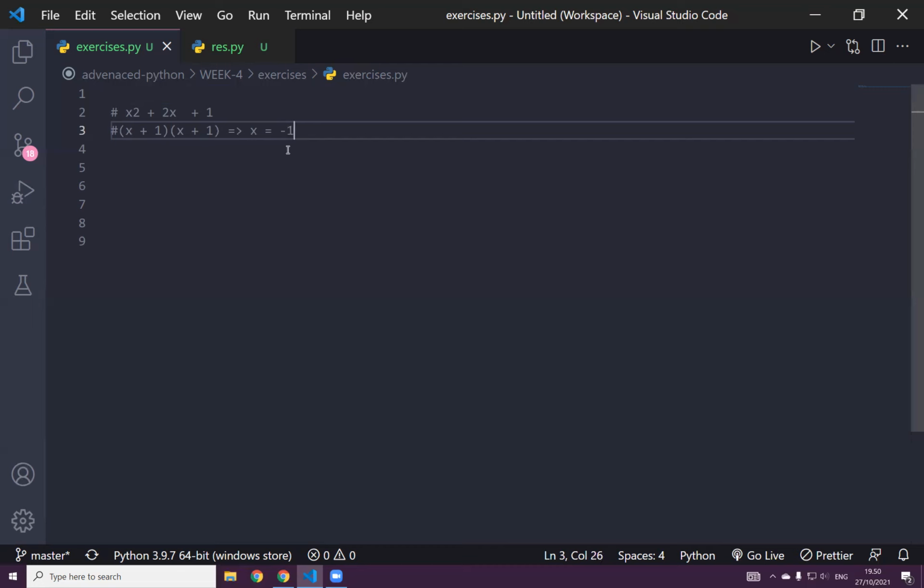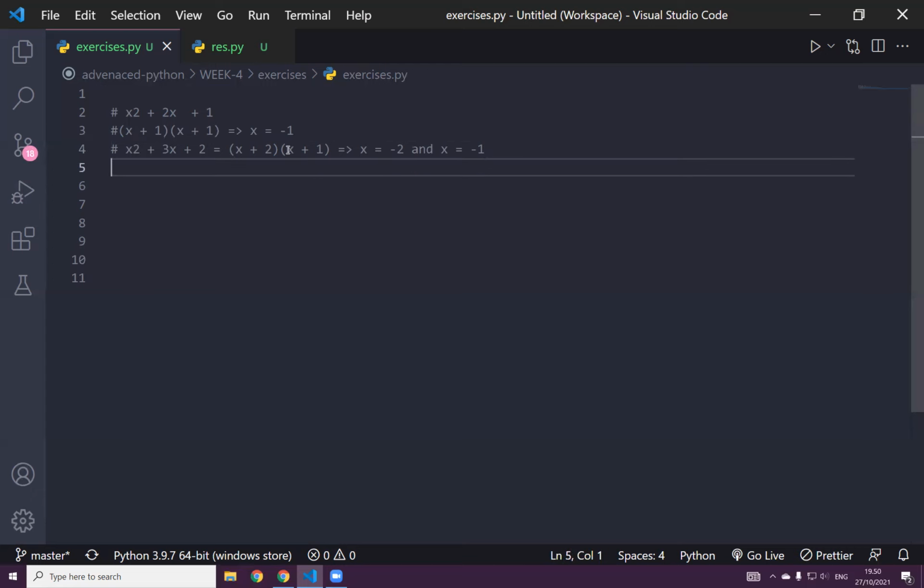So it has one solution set. If we have x squared plus 3x plus 2, this can be written another way: x plus 2 and x plus 1. And the solution set is going to be x equals minus 2 and x equals minus 1.